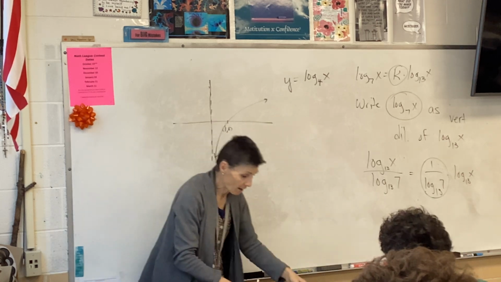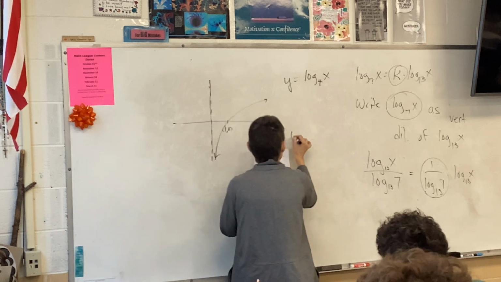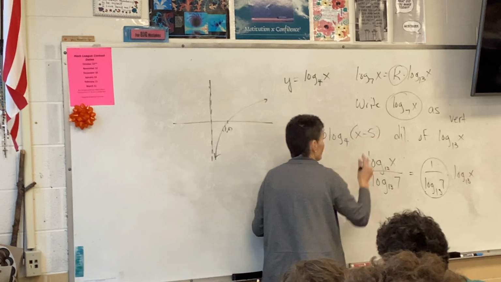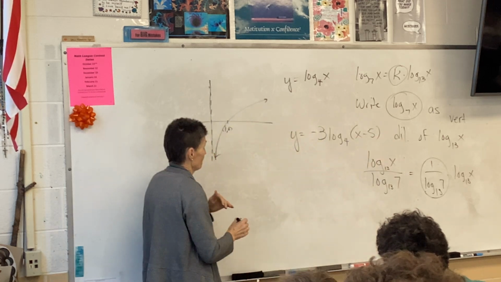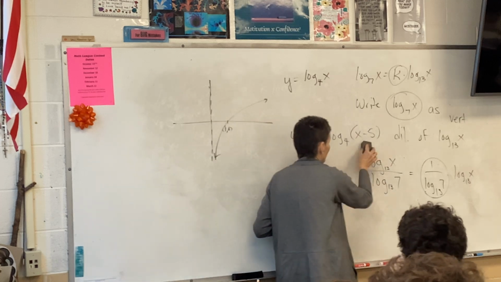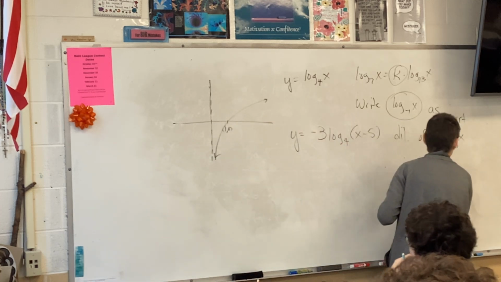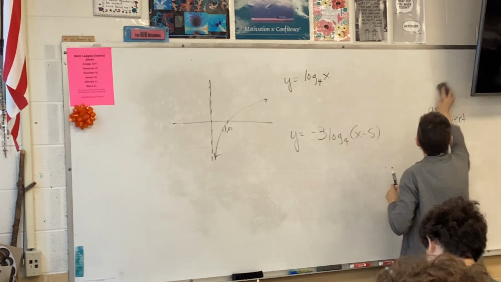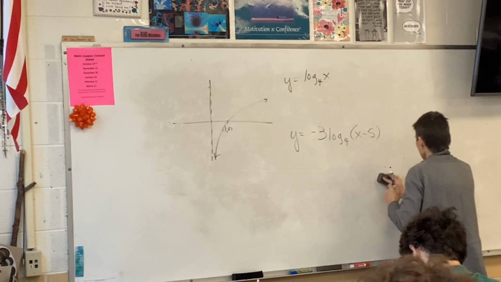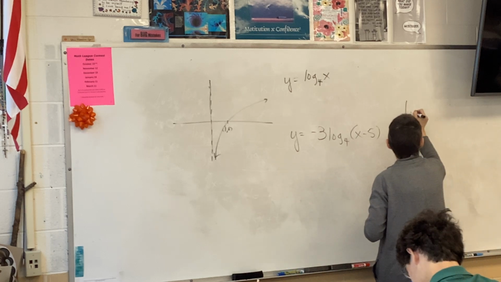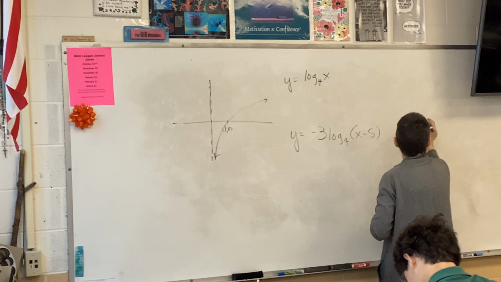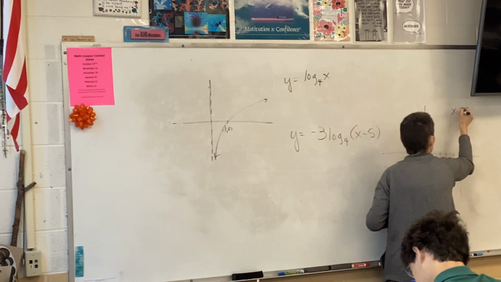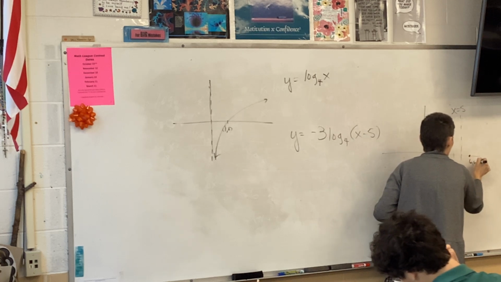So let's talk about what has changed if we put an x minus 5 in parentheses. What does that do? That part right there moves it to which way? To the right 5. So instead of the asymptote being at 0, the asymptote is now at 5, and the intercept is at 6.